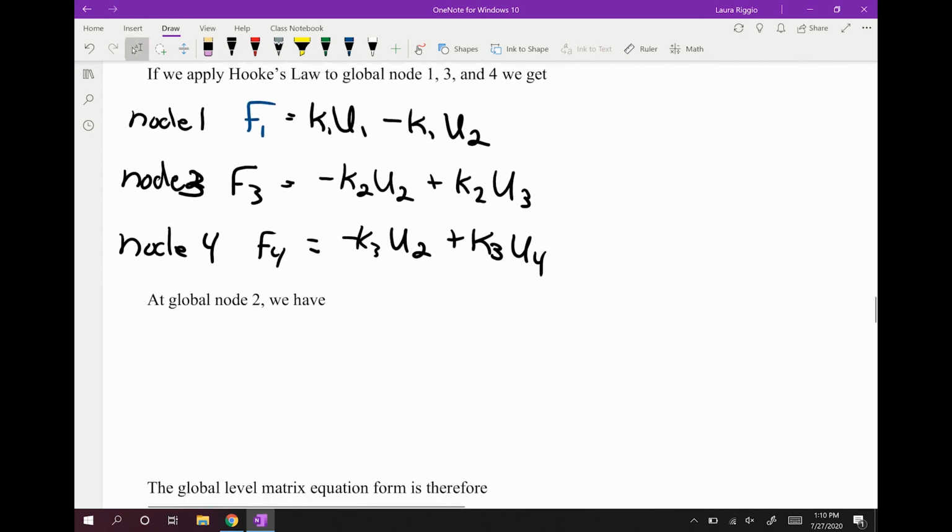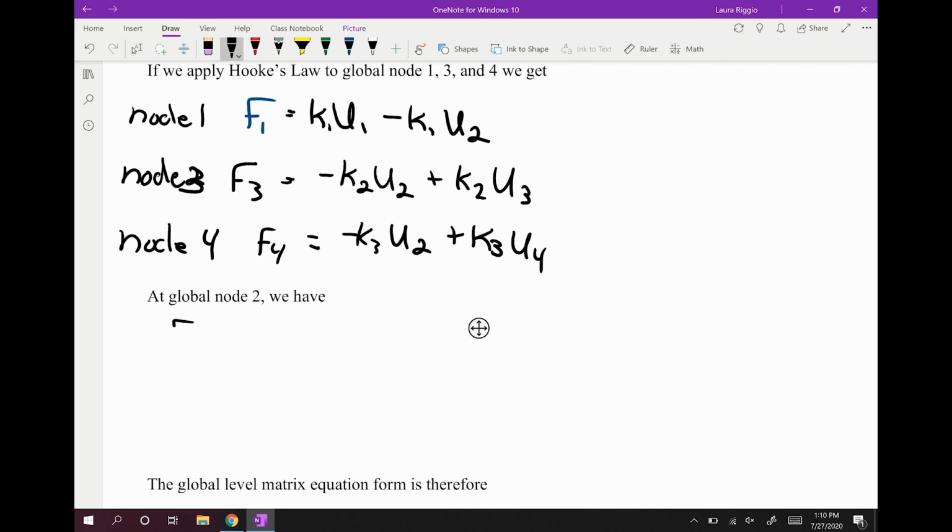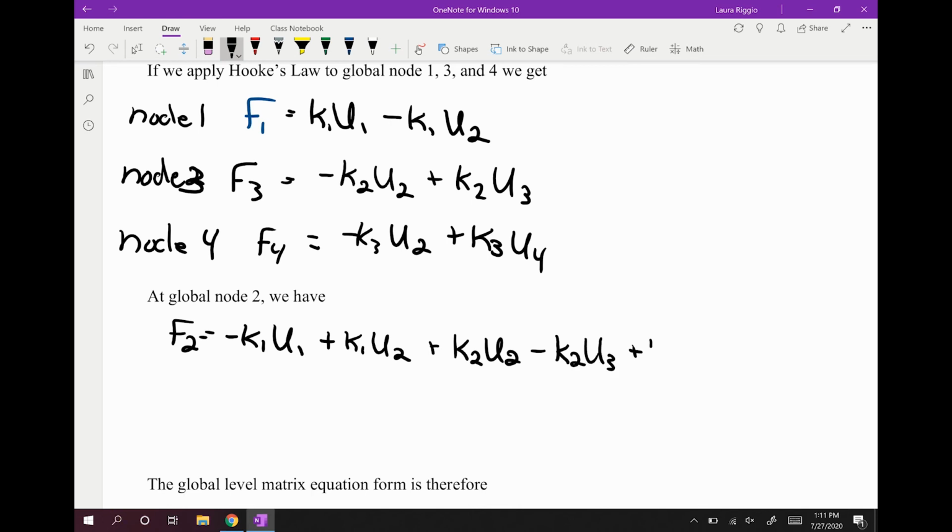So node 2 is the tricky one because node 2 is where everything assembles. The force at node 2 will be minus our spring 1 times our displacement at point 1 plus our spring constant times displacement at node 2 plus the spring constant of spring 2 times the relative displacement between points 2 and 3 plus the spring constant of spring 3 times the relative displacement of the two ends of spring 3, which are points 2 and 4.